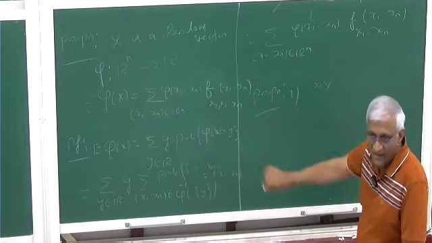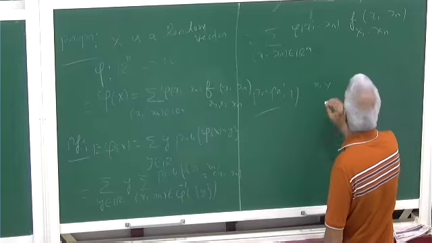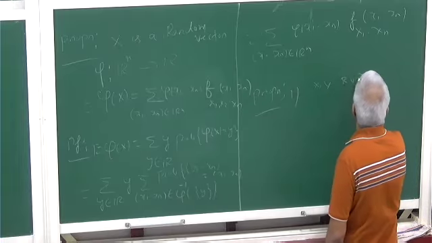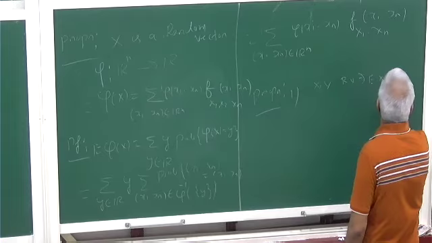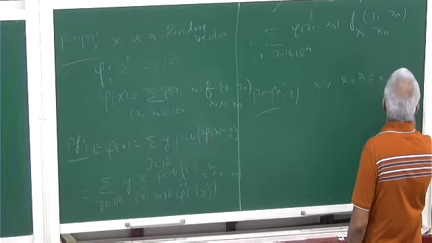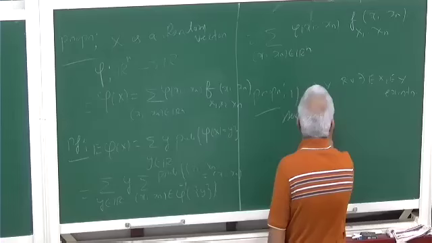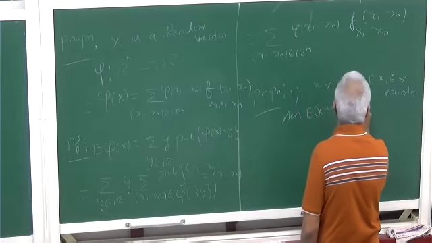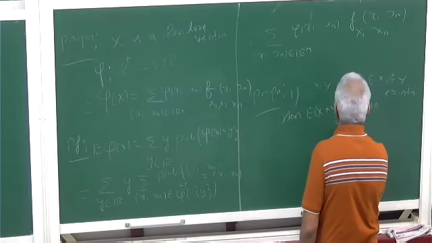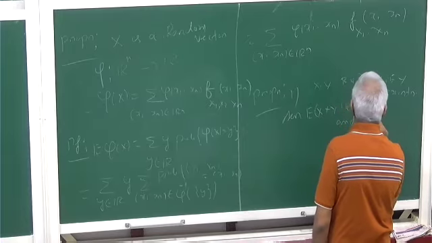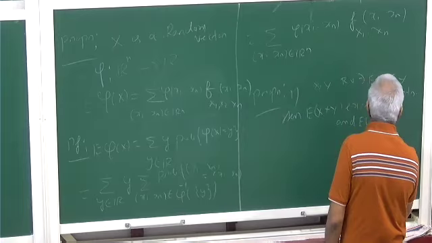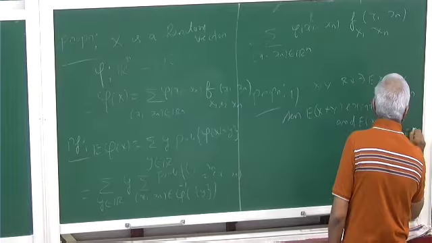For random variables X and Y such that Ex and Ey exist, then E of x plus y also exists, and E of x plus y equals Ex plus Ey.